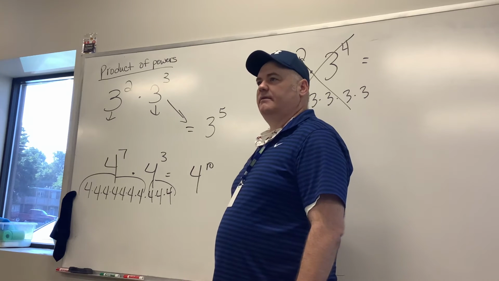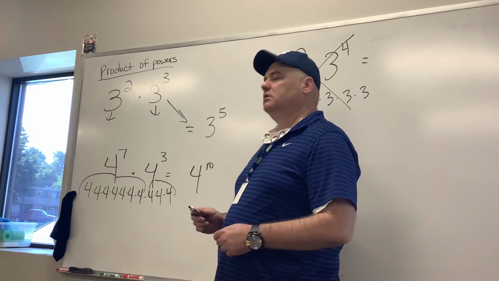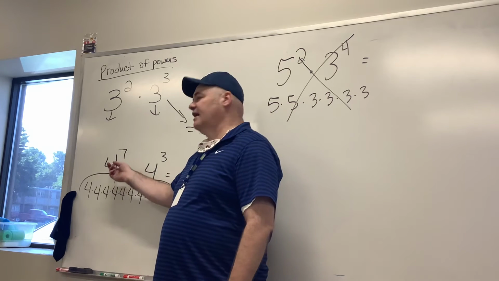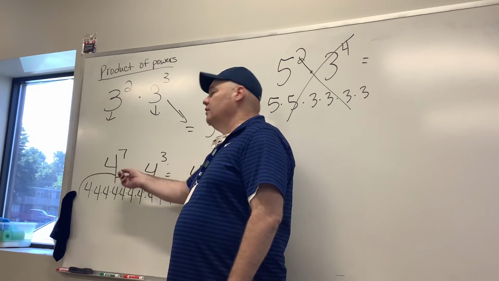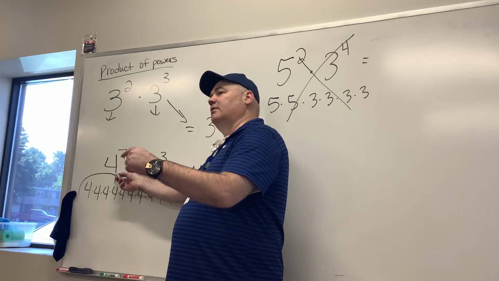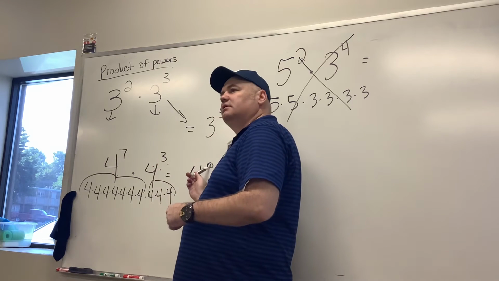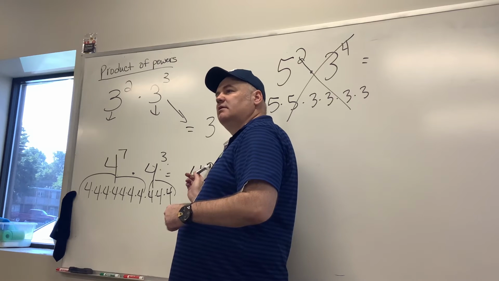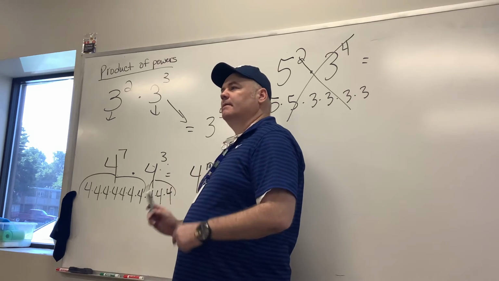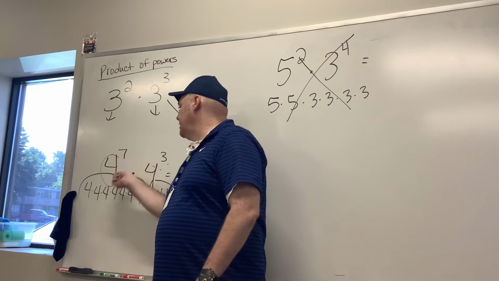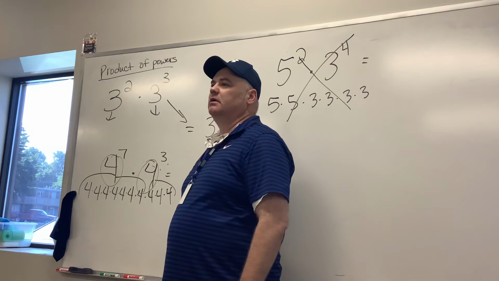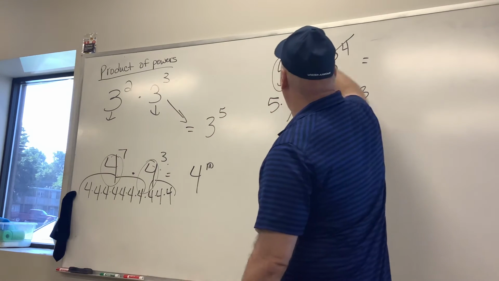4 to the 10th. How did you get that? Well, 4 to the 7th, 4 to the 3rd. What do your notes say? When multiplying things with exponents, you just add the exponents. Oh, okay. 7 plus 3 is 10. But the base has to be the same number. Cannot be one of them a 5 and one of them a 3.